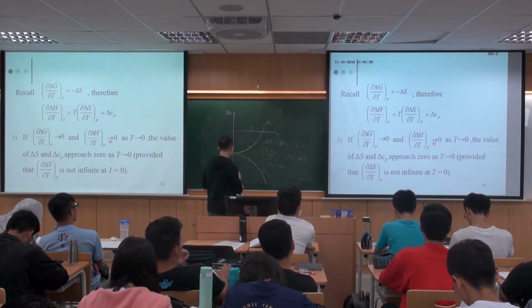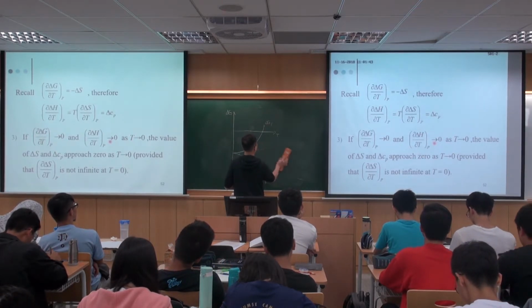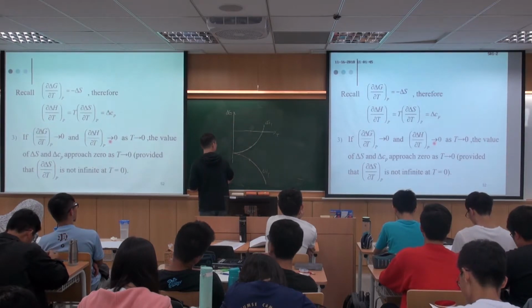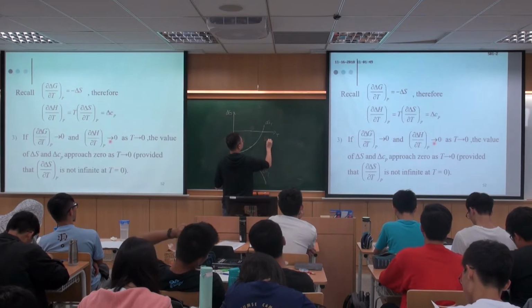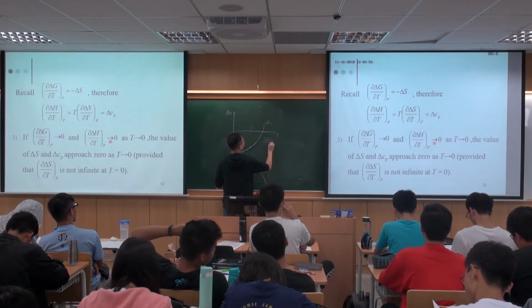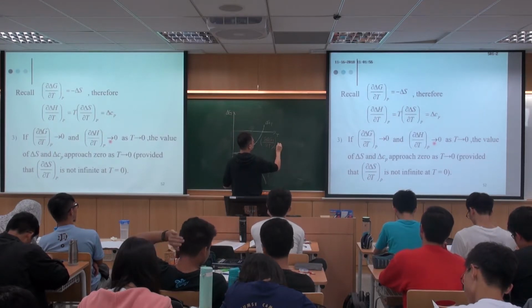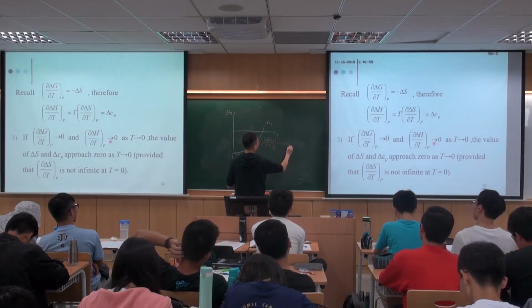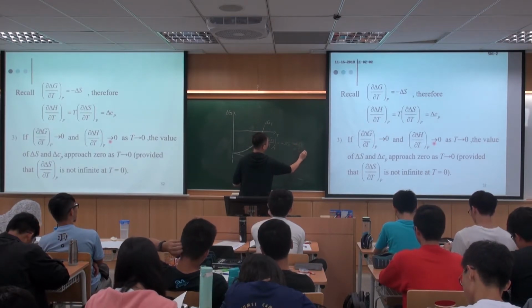Okay. So the argument here is that, first of all, if you don't really understand, this is minus delta S. It is going to 0 as t approaches 0.